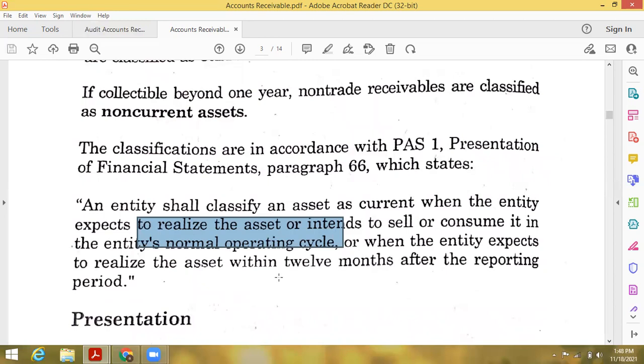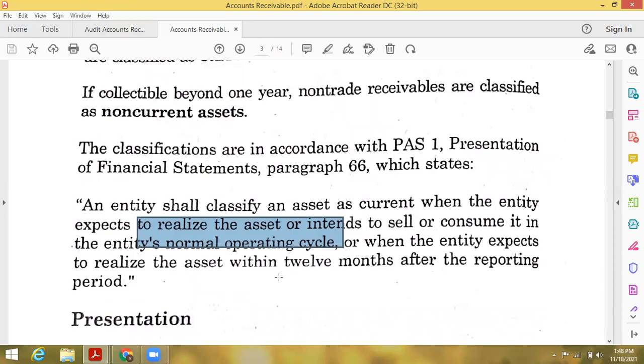PAS 1, paragraph 66 is applicable also to other assets: if it will be consumed or sold, or is to be realized in the entity's normal operating cycle, it should be classified as current.